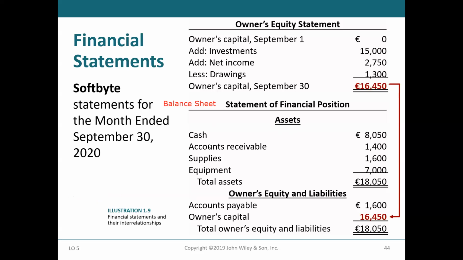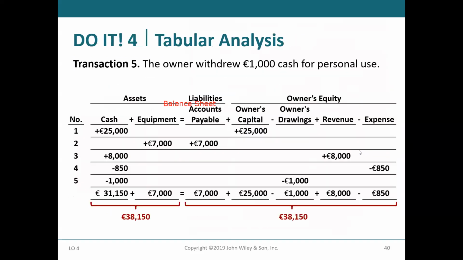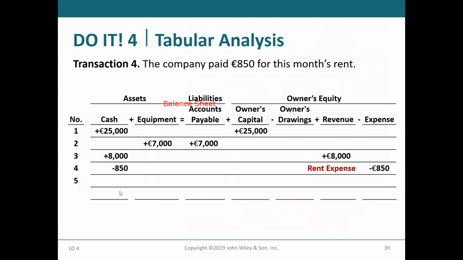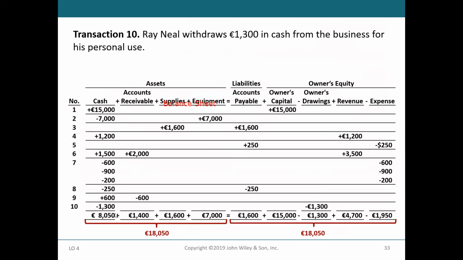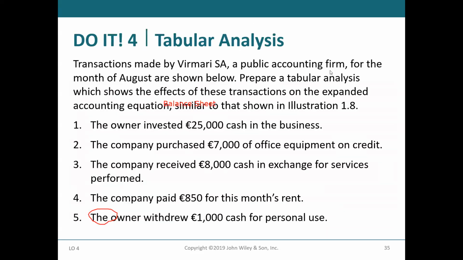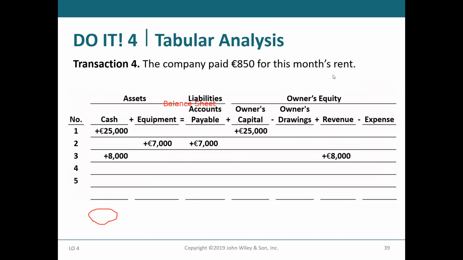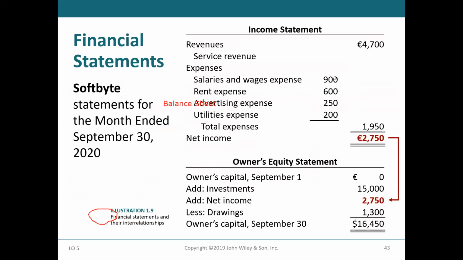Under assets, you have to list all the accounts and the ending balance of all these accounts. Where did I get 8,050? This is at the end here. You remember that? So you're going to get the ending balance of all these accounts and put it in the balance sheet here.